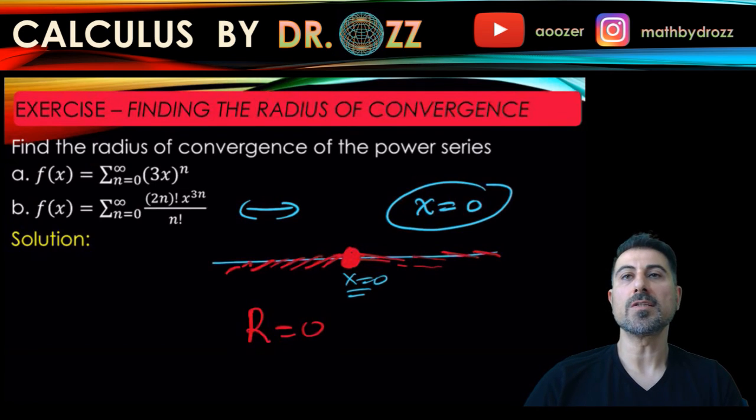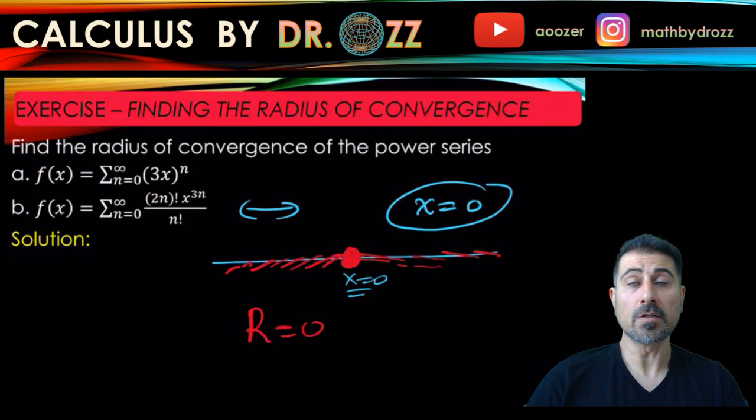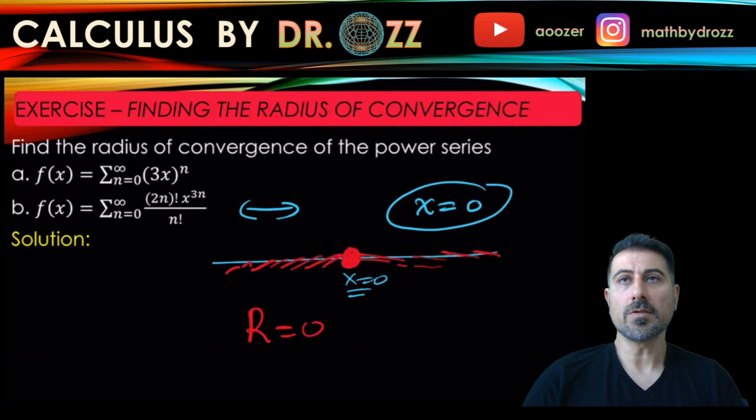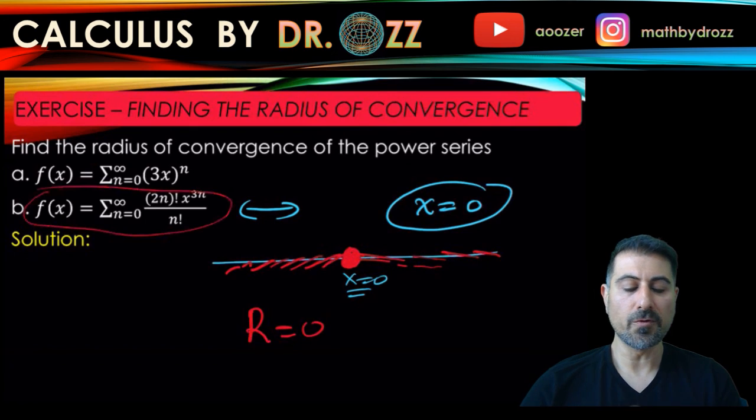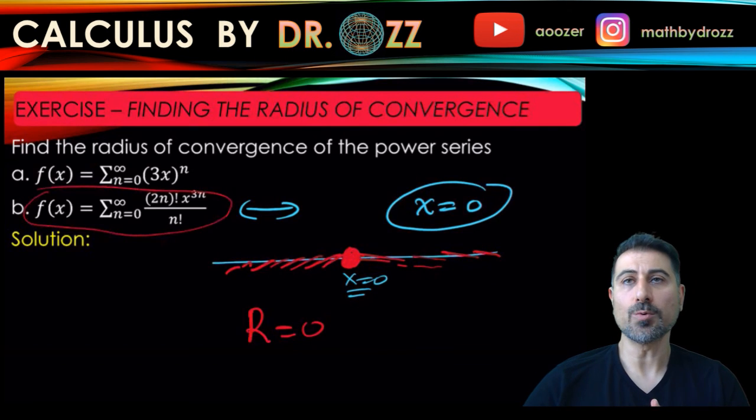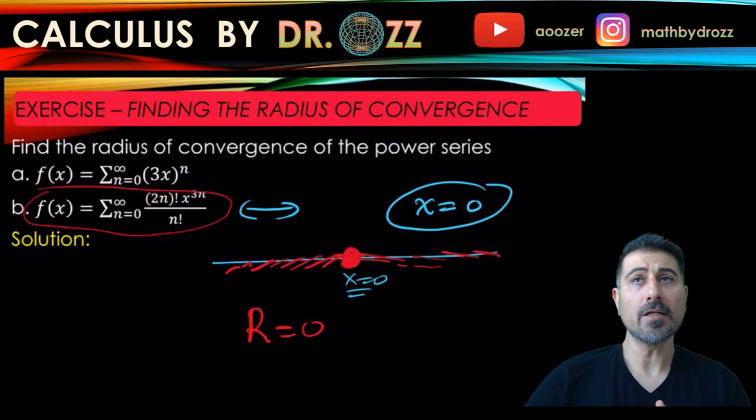So for that reason, r, the radius of convergence, is going to be 0. And if you want to talk about the interval of convergence, there is no interval to talk about. It's just a point of convergence. So this function is convergent only at x equals 0, and for any other x, the infinite series is going to diverge.